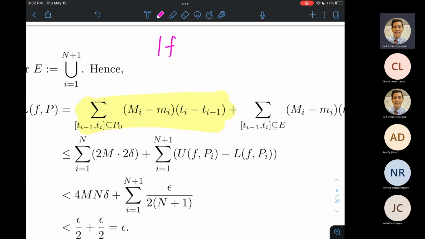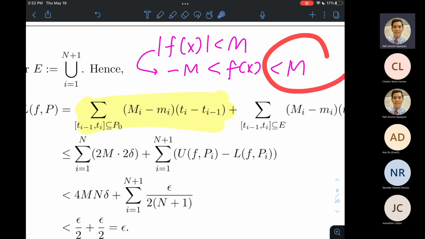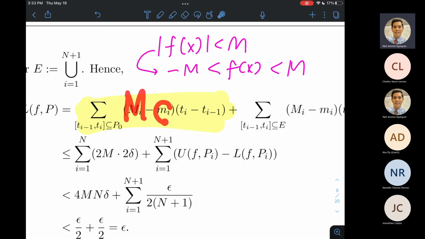And we said that F is bounded above by M. This can be translated into a double inequality, negative M less than or equal to F of X less than or equal to M. So, pinakamaliit niyang value ay negative M, pinakamalaki niyang value ay M. So yung M sub I minus little m sub I, sure tayo hindi siya lalampas ng 2M. Right? Kasi ang pinakamalaking posibleng value nito ay M. Pinakamalaking posibleng value nito ay negative M. M minus negative M, 2M. So sure ako ito hindi lalampas ng 2M, kaya less than or equal yan.